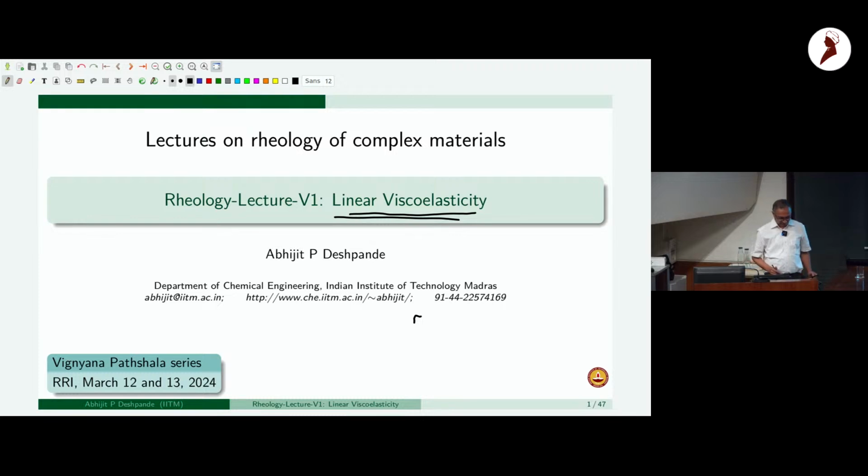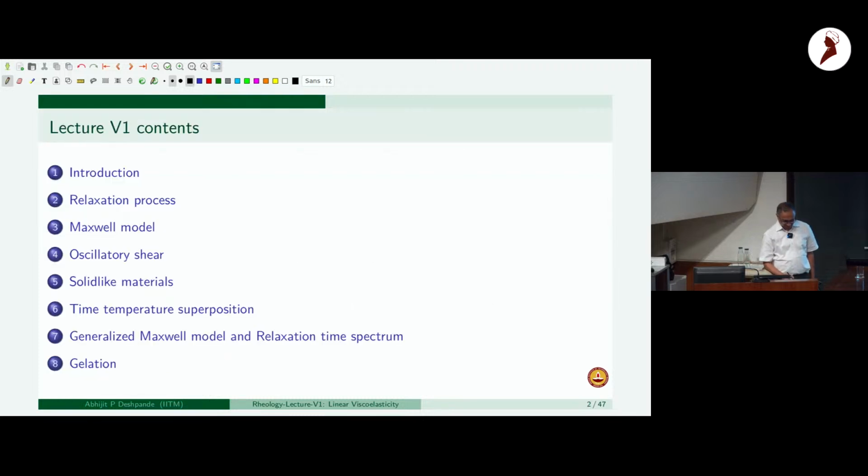In that we will look at the idea of a mechanical relaxation process, and the Maxwell model as a simple model which describes relaxation in a material. And we look at oscillatory shear as a way of characterizing the response.